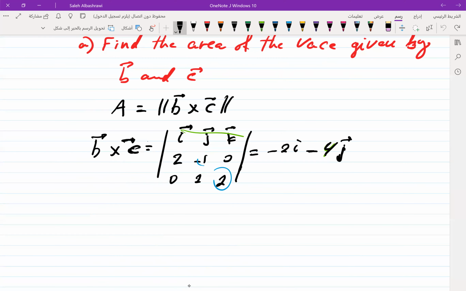For k, cross the third column. 2 times 2 is equal to 4, this is 2, minus 1, so it is plus 4k.